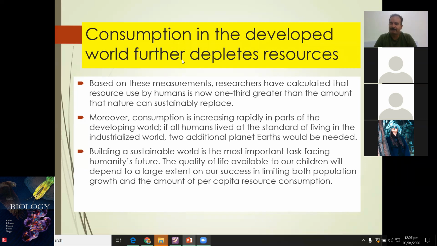If there is high population, what will happen in a dense population? As you have studied in the case of rodents, rodents become antisocial when there is a dense population.